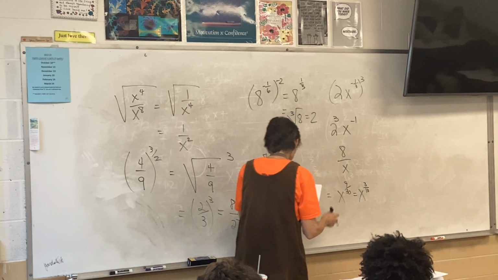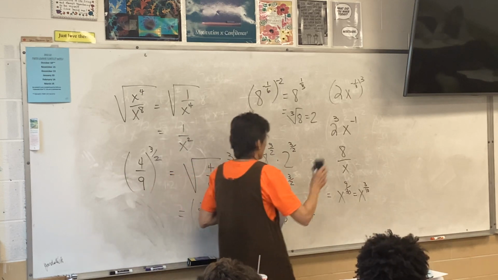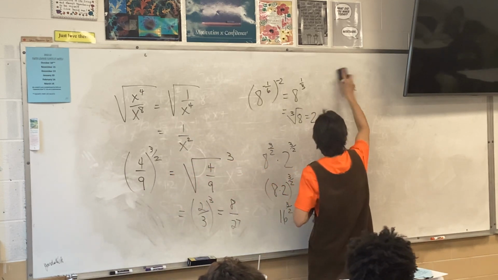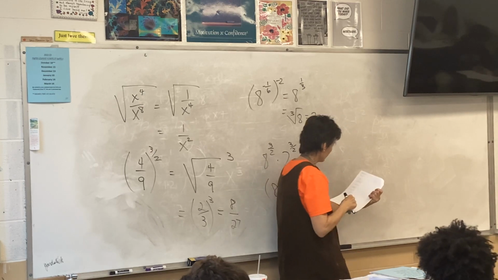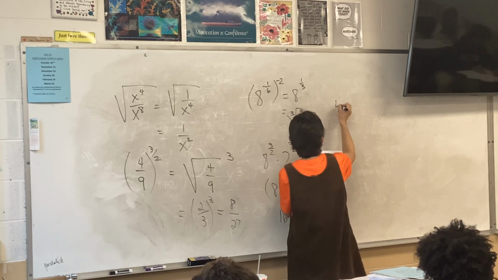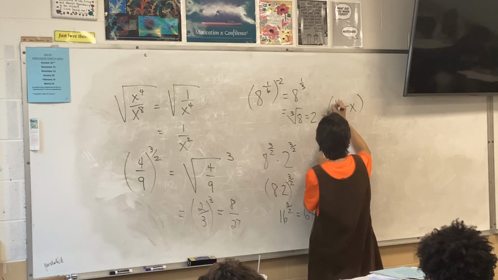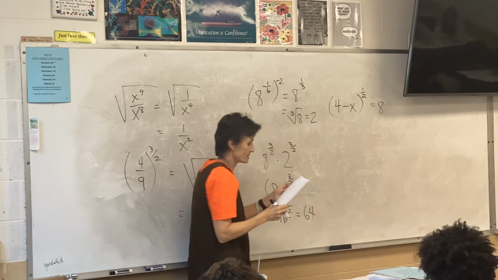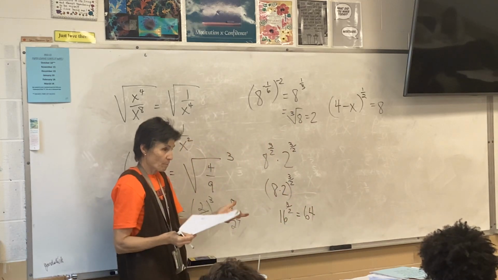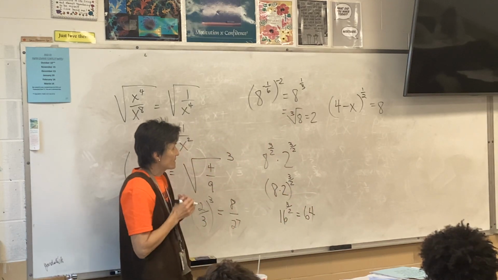All right, let's quickly go through part B, because these guys are a little bit different. These are equations now. So we're going to use what we know about equations and exponents to solve these.